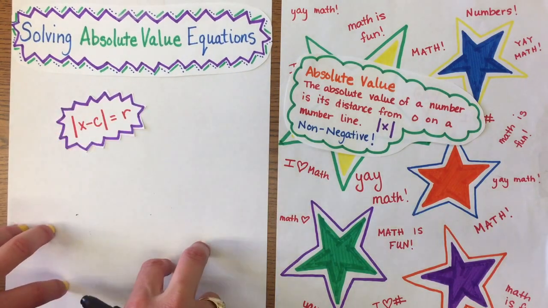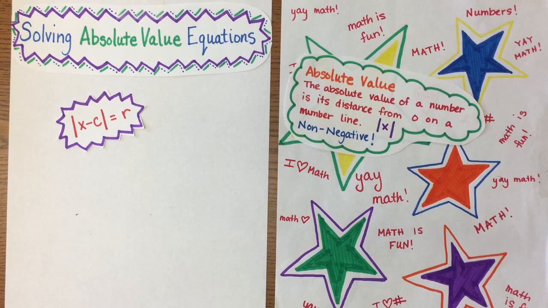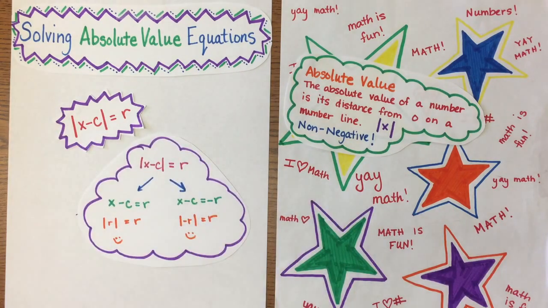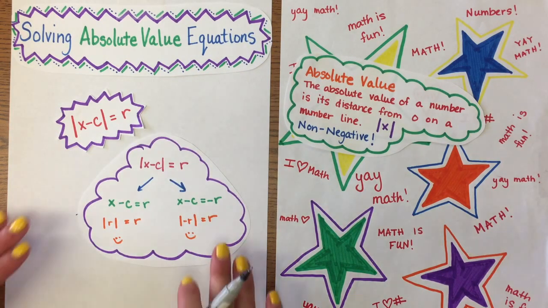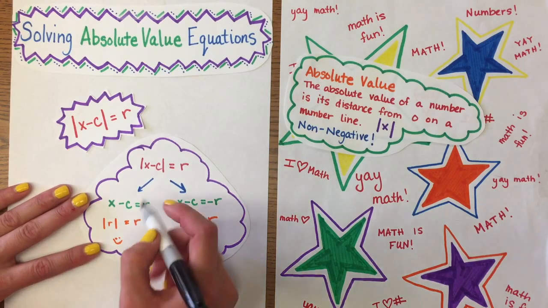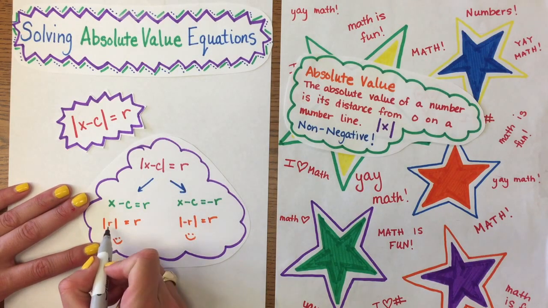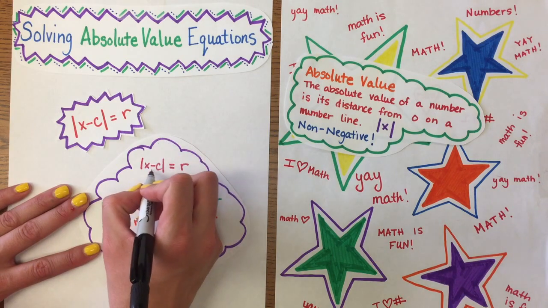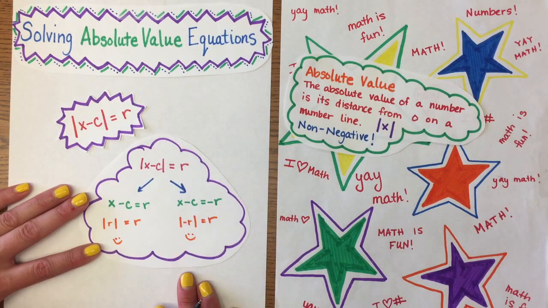So if I have the absolute value of x minus c is equal to r as just a generic equation that I might have, what's going to end up happening when I solve this is I'm going to have to break this up into two different things. When I start with the absolute value of x minus c is equal to r, if I have a positive quantity that I put inside the absolute value, it's going to be a positive value.